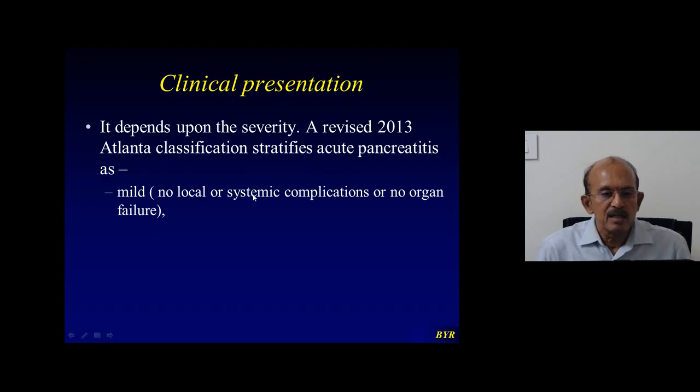Systemic complications: what are systemic complications? Multiple organ failure or shock or DIC. So whenever they are there, it is called a systemic complication. So if there are no local or systemic complications or no organ failure, we call this mild.